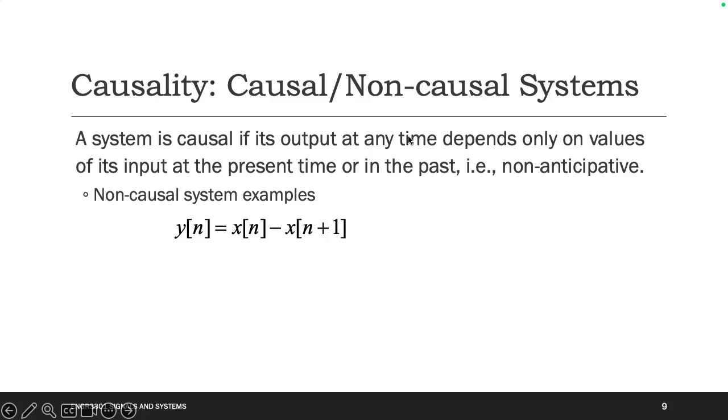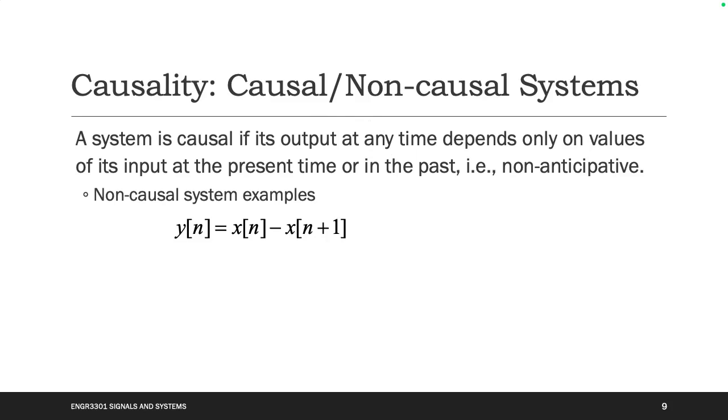A causal system only depends on the value of its input at the present time or in the past. Am I right? But here, did you notice what the present time is?